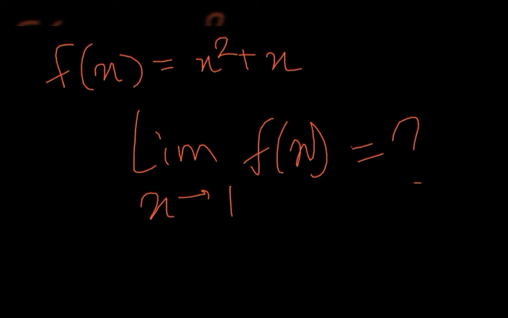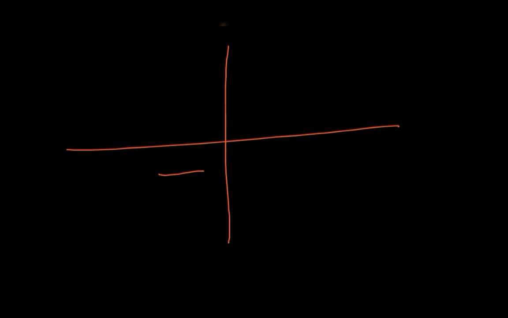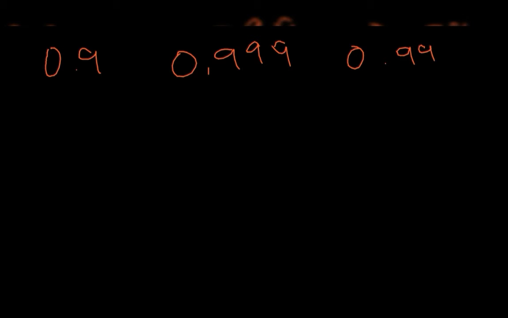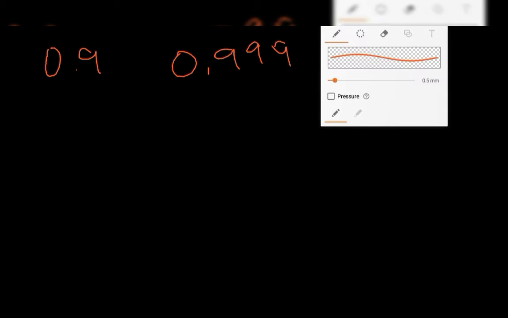Now one thing you do, always. I gave 7 such sums, please pause the video and try them yourself. Now, if you can do this, you approach from the left, approach from the right. Remember these things. So I will approach from the left this time. x tends to 1, so I will take values like 0.9, 0.99, 0.999.